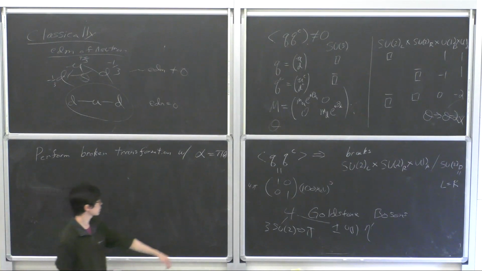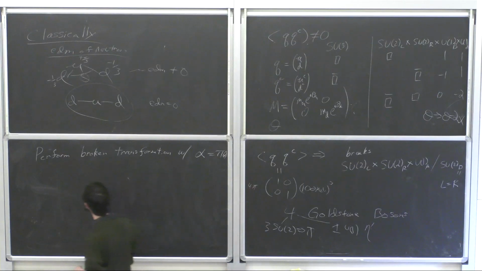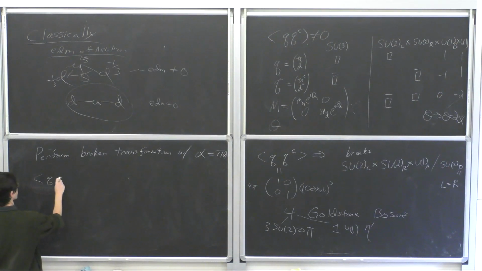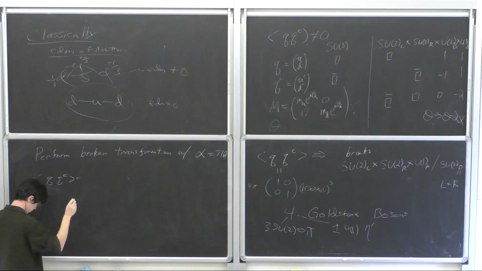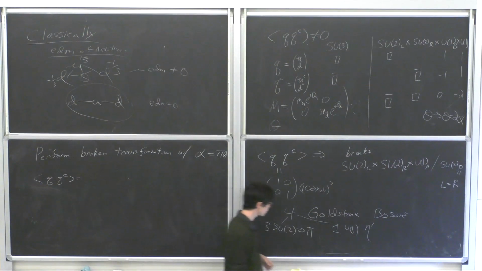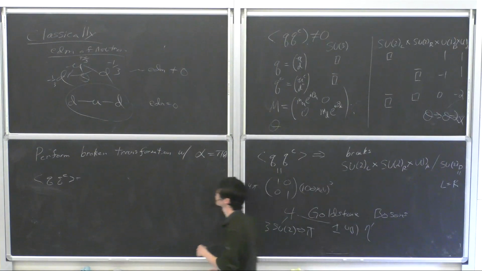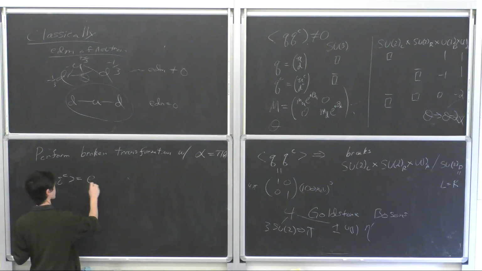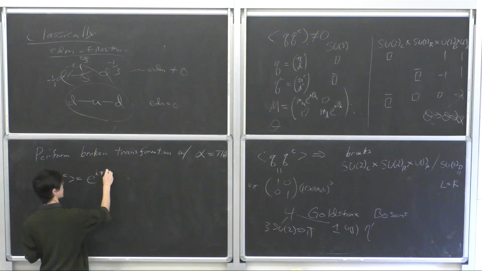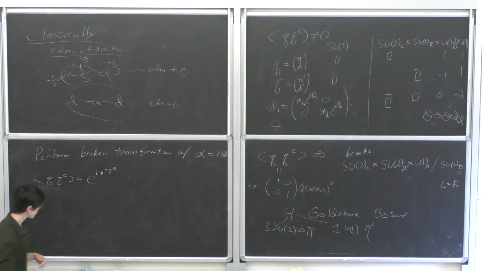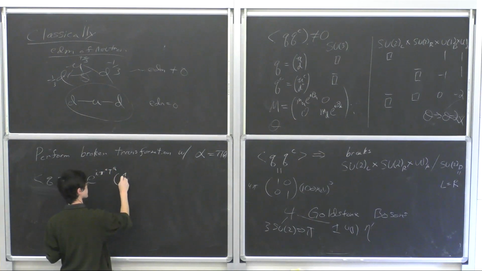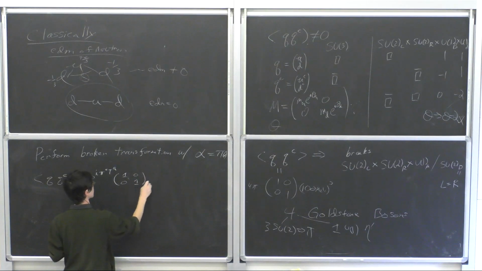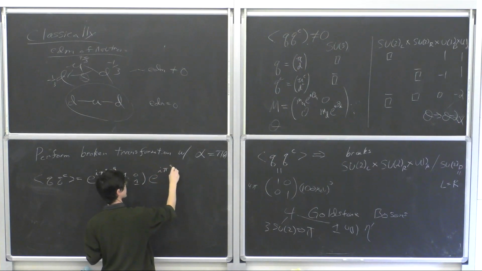How does that work? I do a transformation on Q conjugate. There must be a way not to constantly break these things. E to the I pi a ta times my identity matrix times e to the I pi a ta.